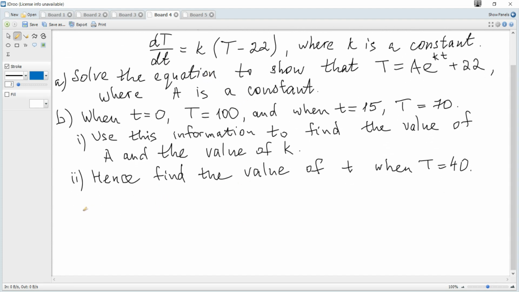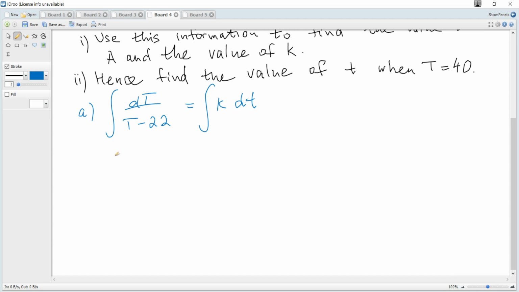So it becomes dT over T minus 22 is equal to k dt. And integrating both sides, the integral of dT over T minus 22 can definitely be done using substitution u, but it looks like the integral of 1 over x dx, where the function is of the form ax plus b, when x is multiplied by something and may be plus or minus some number.